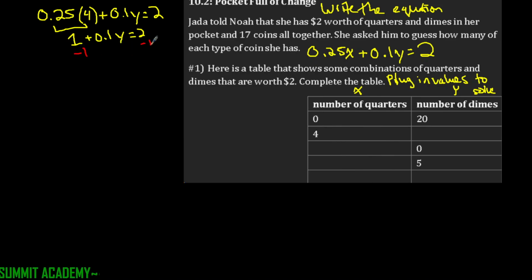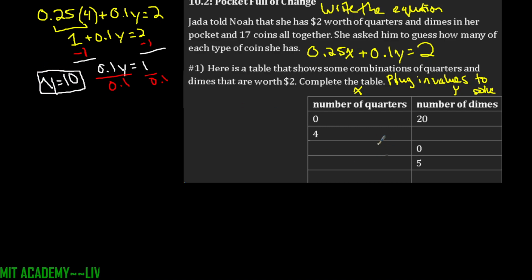I'm going to subtract 1 from both sides. So this is going to be 0.1y equals 1. Divide both sides by the coefficient, 0.1, and we have y equals 10. So the other value that goes along with it is going to be 10.